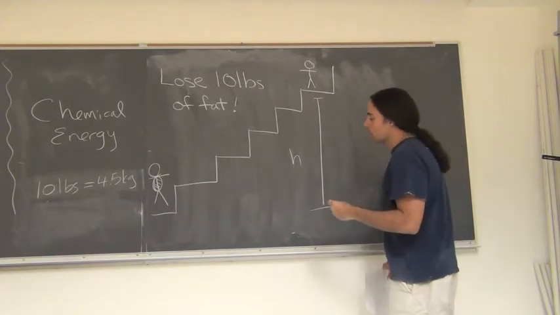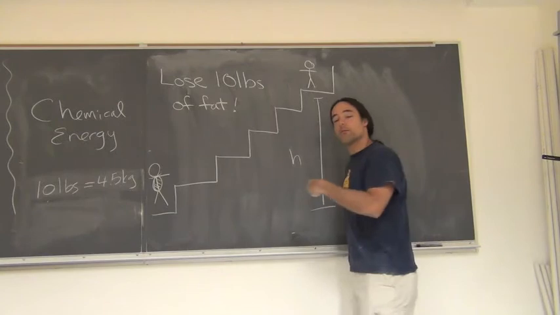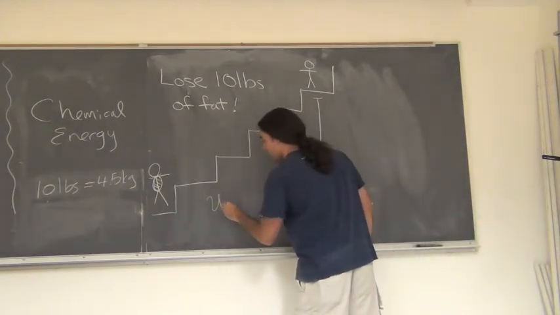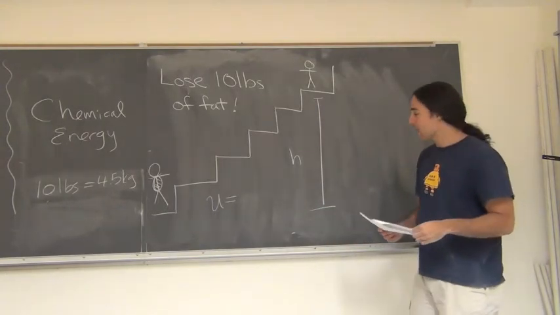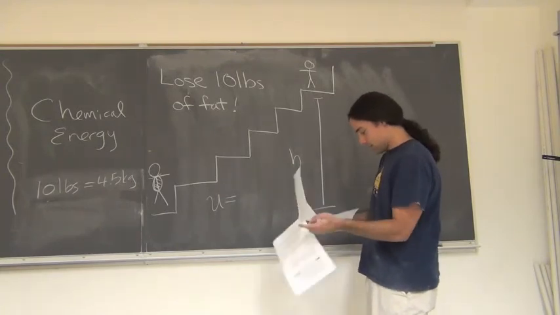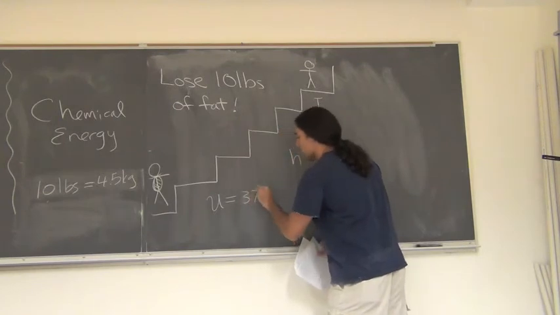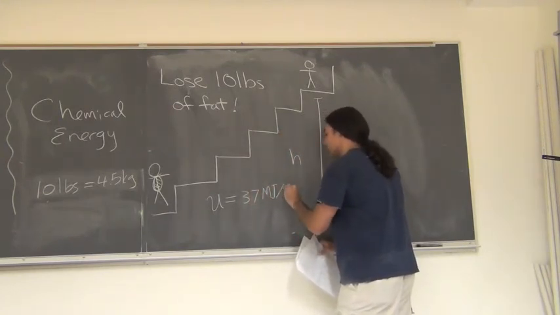Well, recall that we have these chemical energy densities. And for fat, I will call little script u the chemical density of fat. And if I can find it here, we said that that was 37 megajoules for every kilogram.